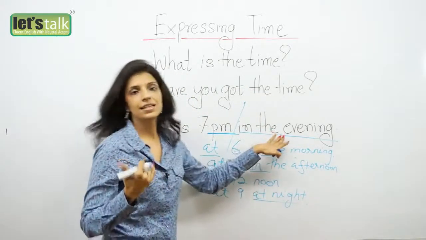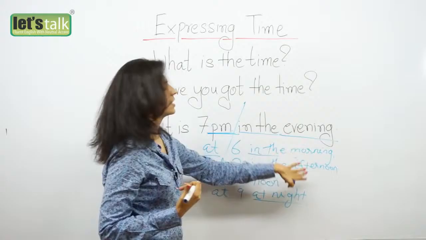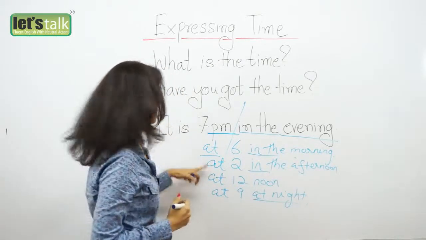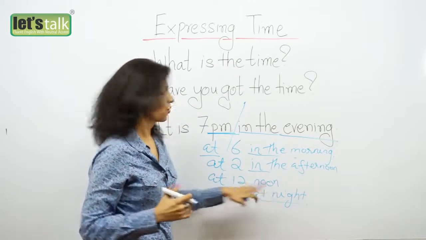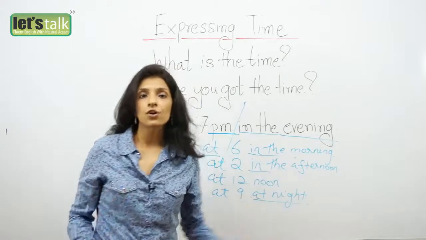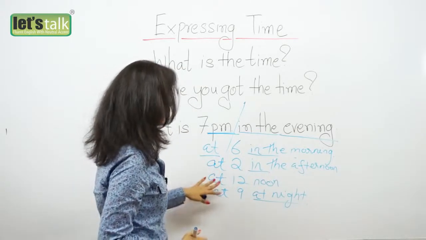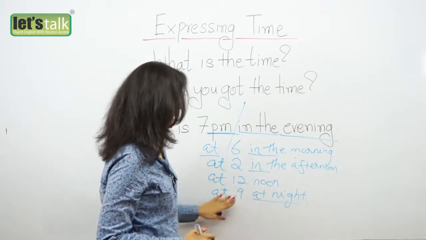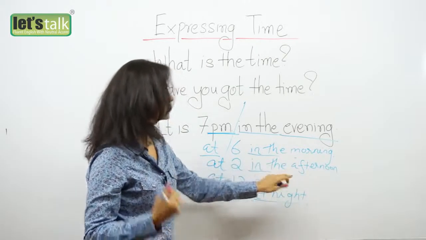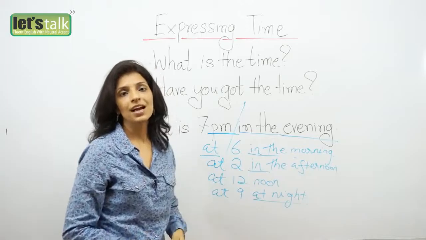Please remember, it's in the evening, in the morning, in the afternoon. And when you talk about 12 noon, that's the exact time. You say at noon, okay? And for night, you do not say at 9 in the night. Again, a lot of people make this mistake. So you say at night, at 9, at night. So remember, in the morning, in the afternoon, in the evening, at noon, and at night.